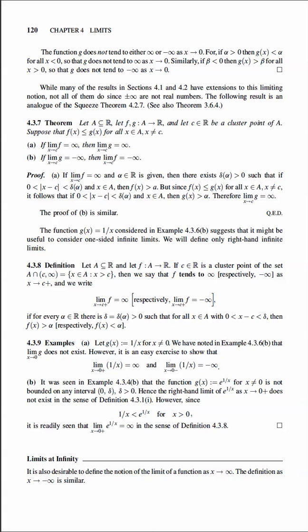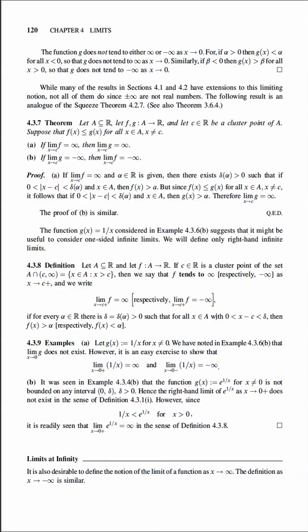And Definition 4.3.8 gives a one-sided limit as f goes to infinity. It's written for f tending to plus infinity, and as x comes into c from the right. And you can imagine what this definition should look like if this is a left-hand limit, if x comes in from the left. 4.3.9 gives examples.